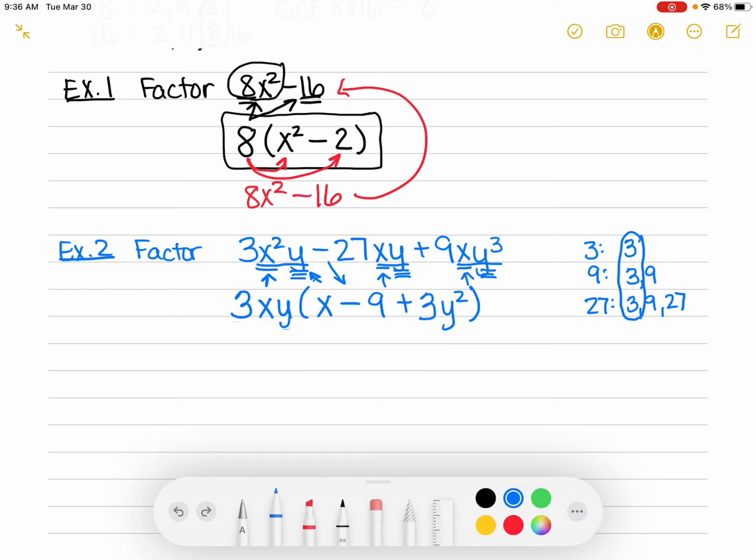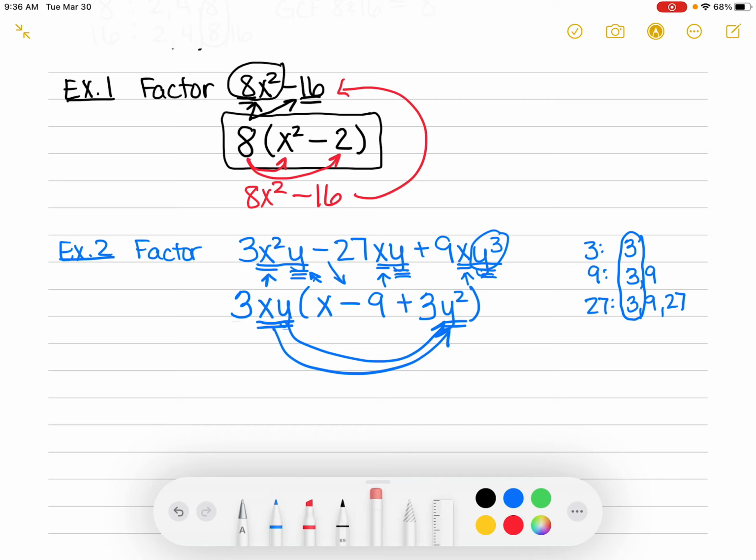So that part was easy. And then up here, because I have xy, I only need to multiply by y squared. Because this has just an x, so that x is right here, right? And this has y cubed, so I need my y's to equal y cubed. So y times y squared is y cubed.